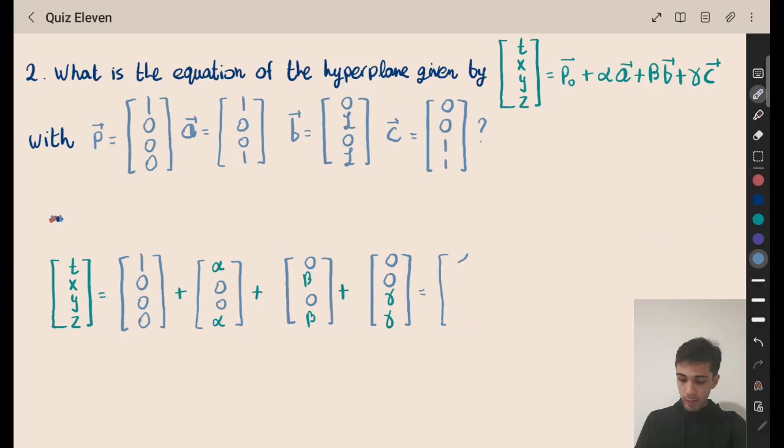This would give me alpha plus 1, this would be just beta, this would be gamma, and this would be alpha plus beta plus gamma. Sorry, I'm not Greek. I don't know all the Greek letters, and I think that's fine. So I think it is fair if I equate t to this, x to that, y to this, and z to that thing.